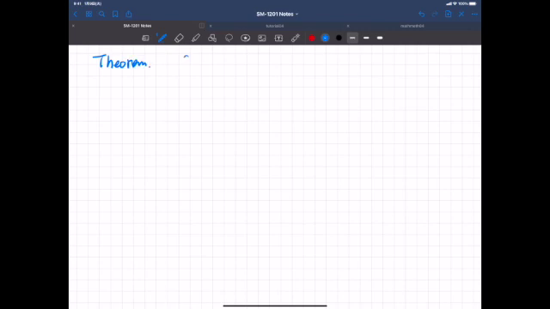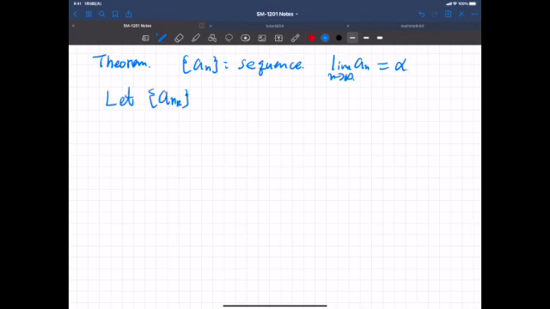Let a_n be a sequence of real numbers such that its limit is alpha. Then let a_{n_k} be any subsequence of a_n.